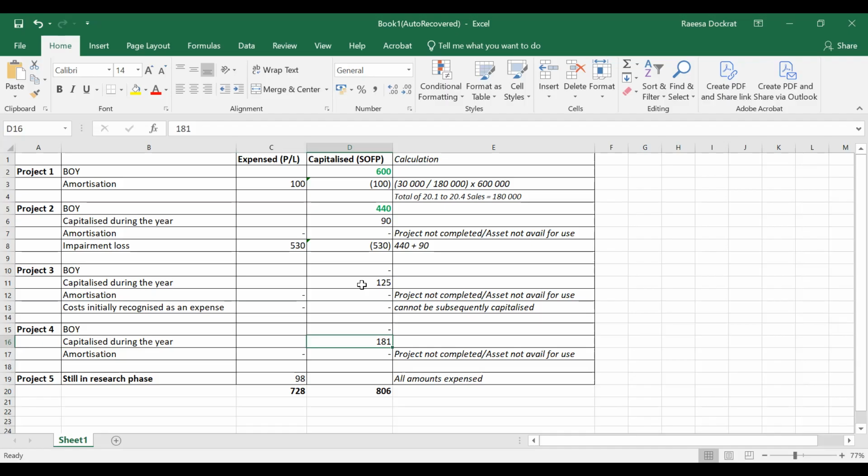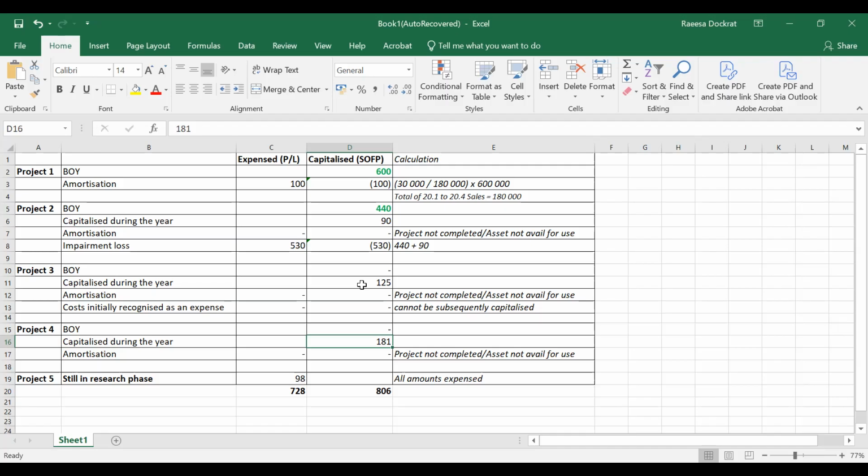And the last project, project 5, again, there's no capitalized costs brought forward. It tells us that there's 98,000 of research and development costs incurred during the year. So this project is new and the activities have been limited to research and the formulation of product alternatives by engineers, which you can see there's only salaries, directly attributable overheads, and raw materials which are used all in the research phase.